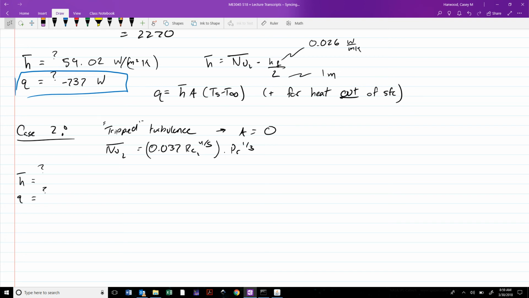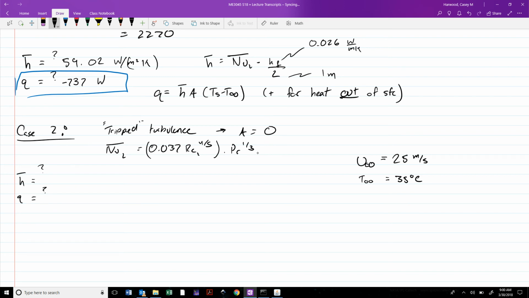U infinity is 25 meters per second. T infinity is 35 degrees Celsius.